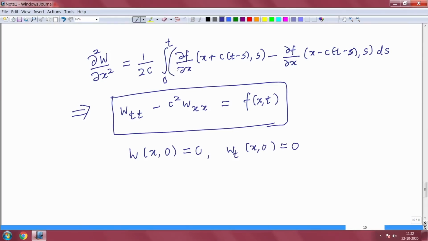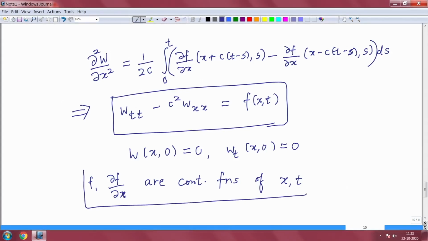If you look at the verification, what we require on the inhomogeneous term are conditions on f and its first derivative with respect to x: they are continuous functions of x and t. This is the hypothesis on f.